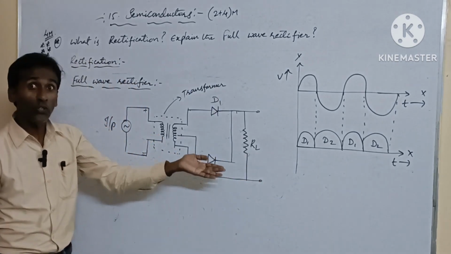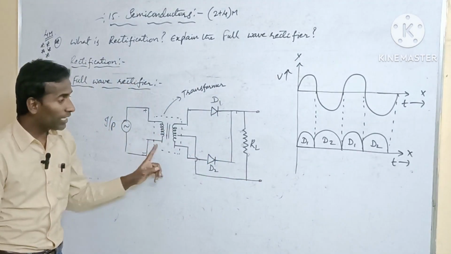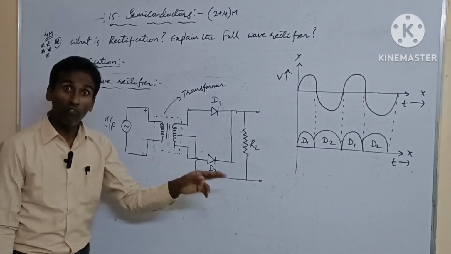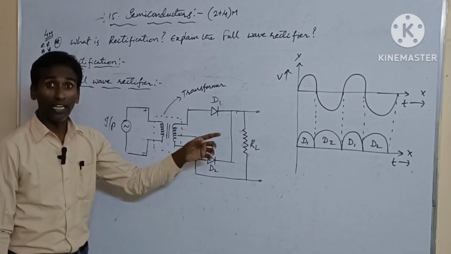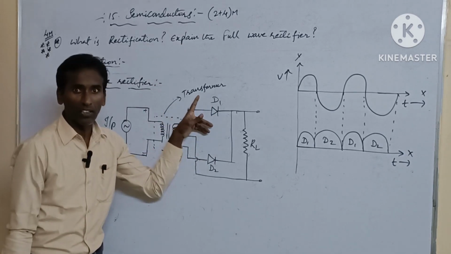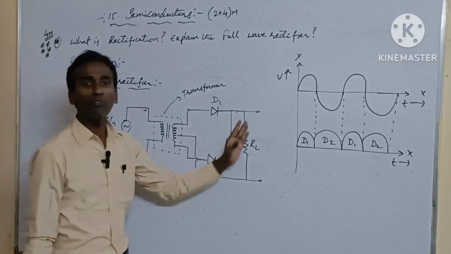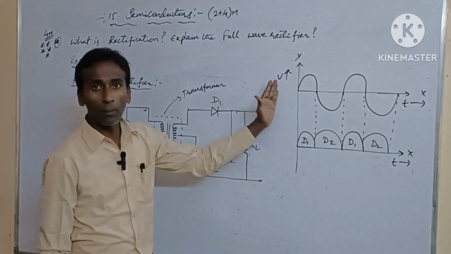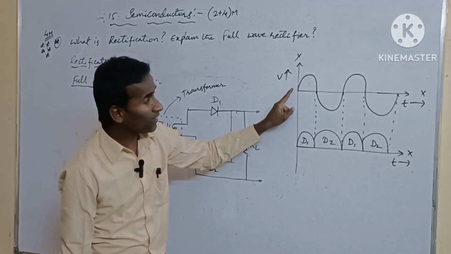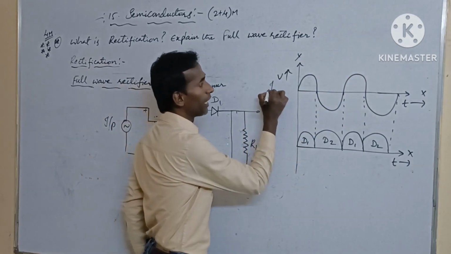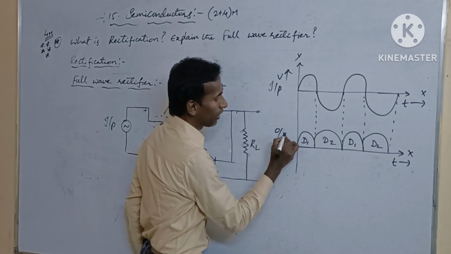In the negative half cycle, the current passes through diode D2, which is in forward bias, and the current cannot pass through D1 because it is in reverse bias. Whenever we draw the graph between voltage and time, this is the input graph and this is the output graph.